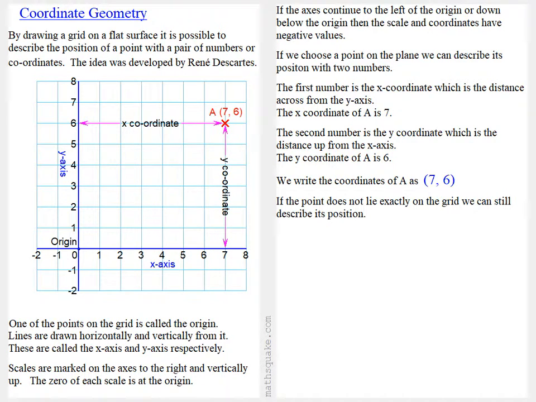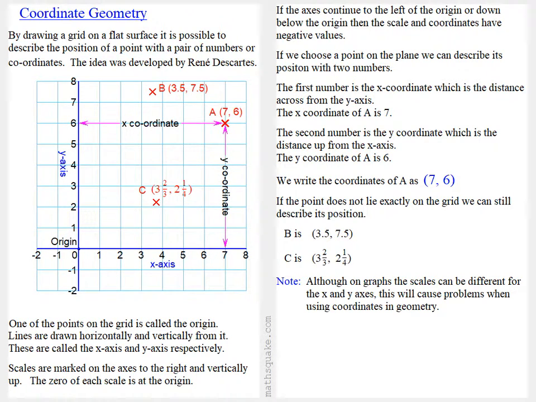If the point does not lie exactly on the grid, we can still describe its position. So, for example, the point B has coordinates (3.5, 7.5). And C has coordinates (3 2/3, 2 1/4).